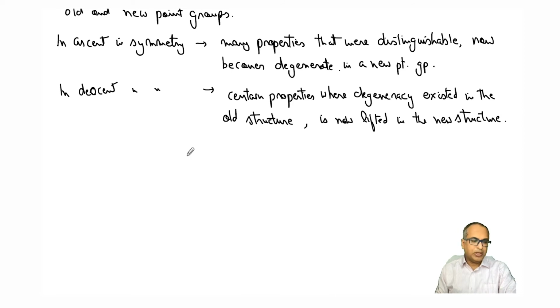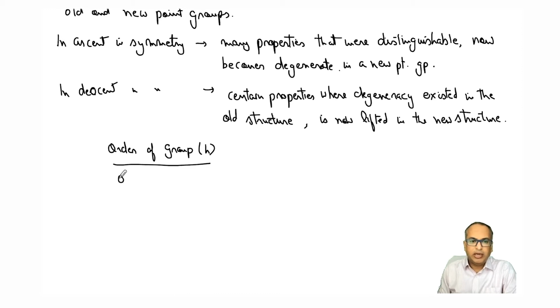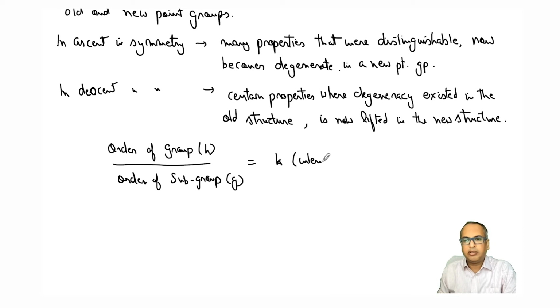Okay. Also, if there is a group subgroup relation, then, just to remind, the order of the group, which is defined by h, divided by the order of the subgroup, let us call it g, must be equal to k, where k is an integer.